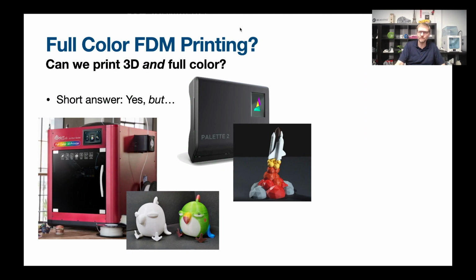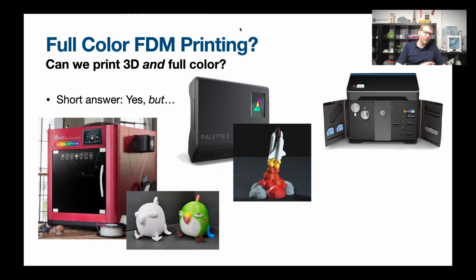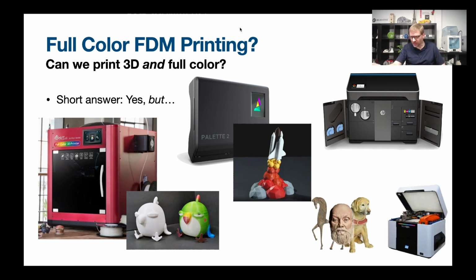And then you have really expensive solutions that I don't have a lot of experience with, so I'm not going to get into them much. The picture here is a multi-jet fusion machine from HP. This one uses a lamination process. It's pretty cool.